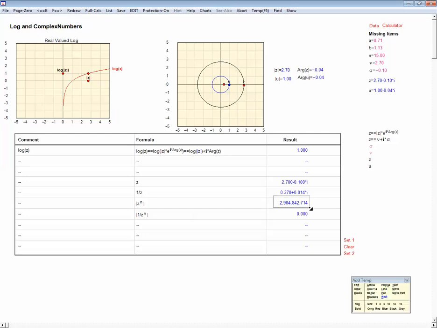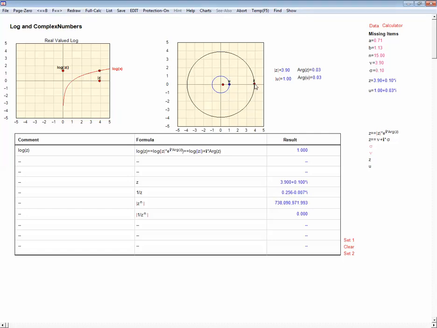This is getting bigger and bigger as I make n larger and larger. And what happens to the reciprocal? Well, it goes to 0. So as far as stability is concerned, we would say that this one diverges to infinity, and this one converges to 0. And that's true for any point out here.